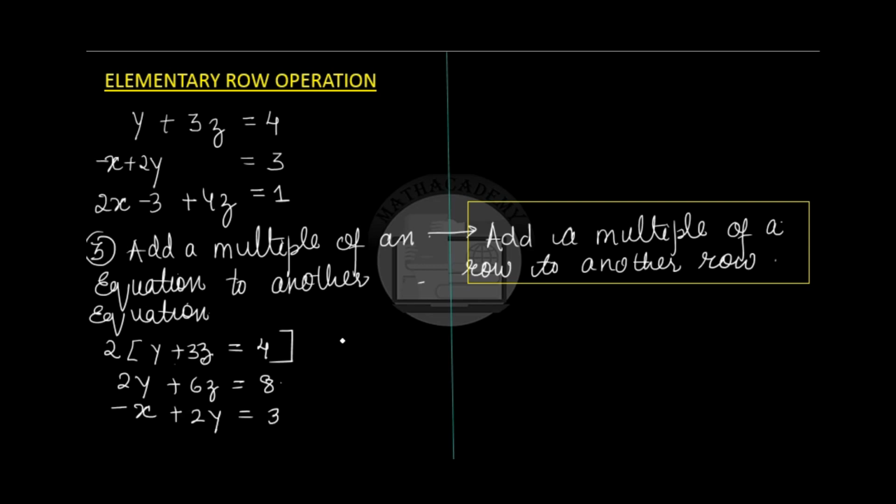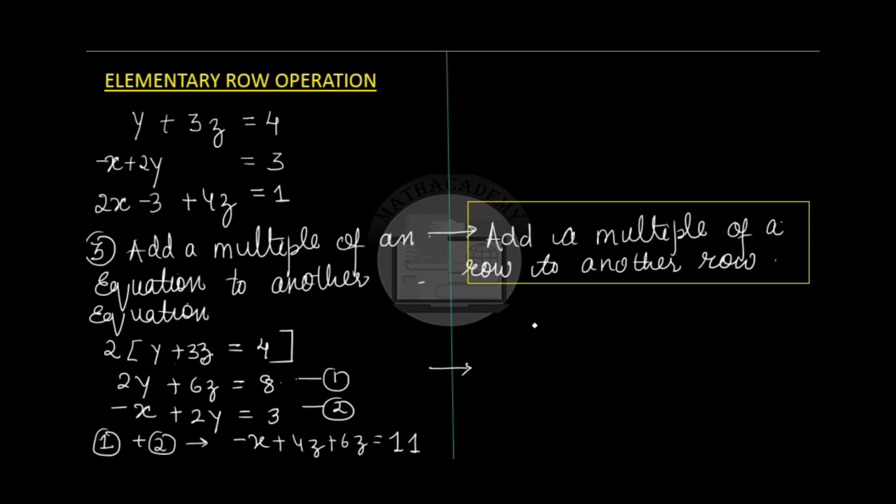So when I add equation 1 and equation 2, let this be equation 1 and this be equation 2, the permitted operation is that I can add equation 1 and equation 2, and I get -x plus 4y plus 6z is equal to 11. This is a very well permitted operation with the equations, and the same corresponds to the matrix also. So add a multiple of a row to another row.